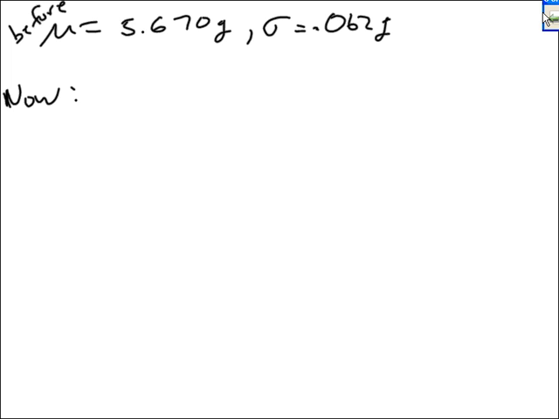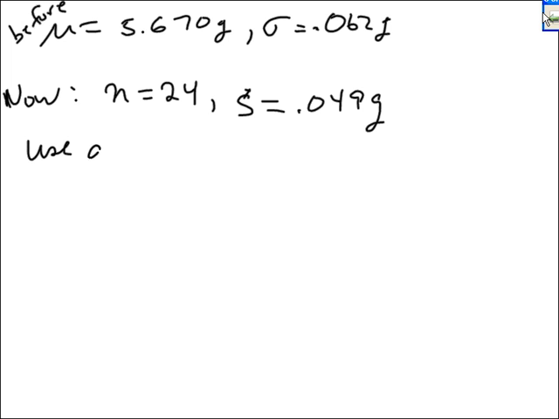Now, a new machine is being tested in an attempt to improve quality by reducing the variation in the weights. A random sample of 24 quarters from the new equipment is tested, and from the sample, it turns out that the standard deviation is 0.049 grams.